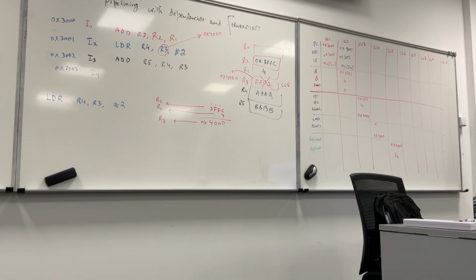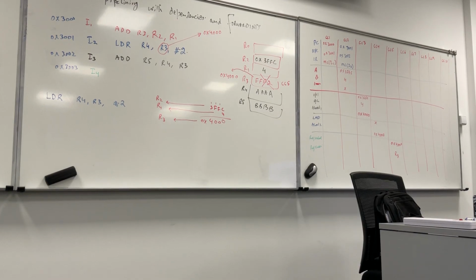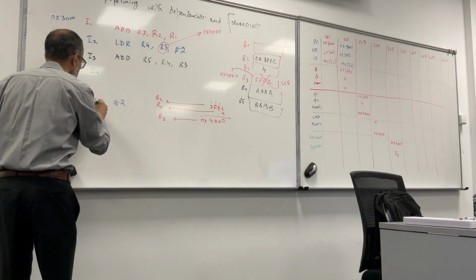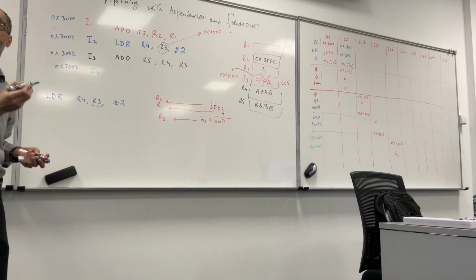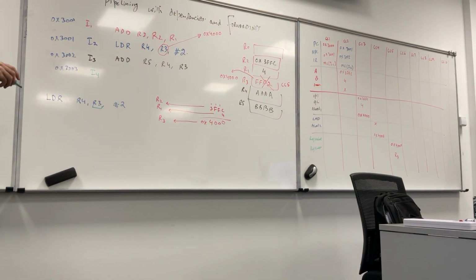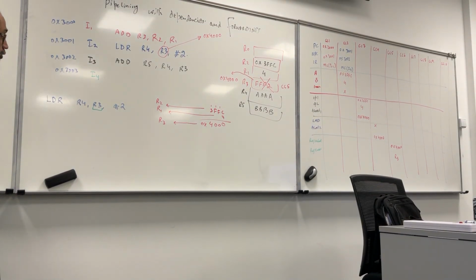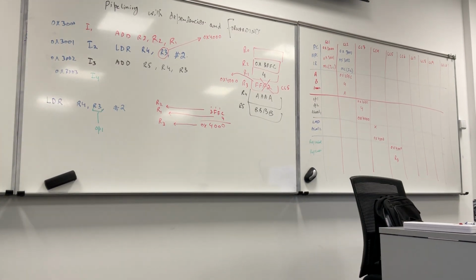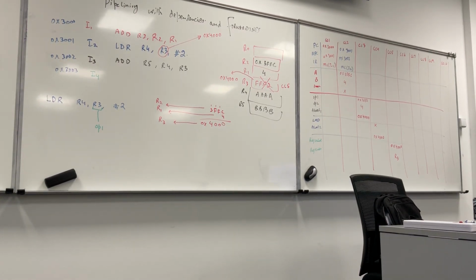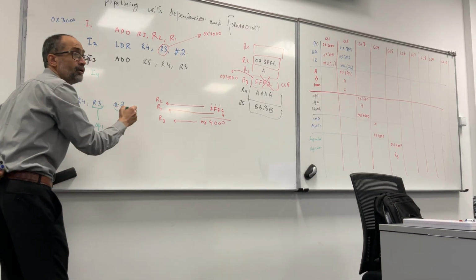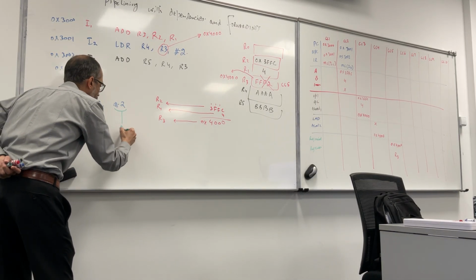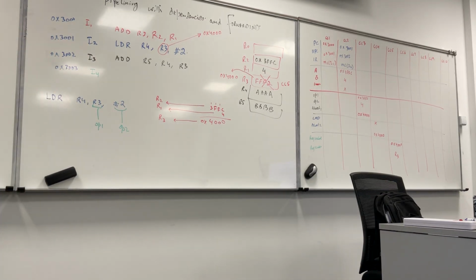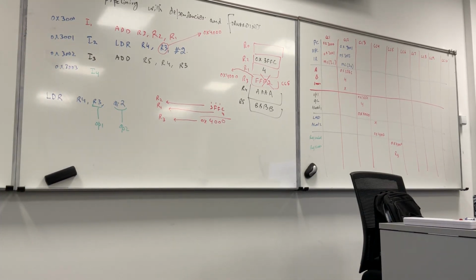In the absence of dependencies, this value R3 should go to op 1 in the next clock cycle, yes or no? And where should the immediate value go? Op 2, in the next clock cycle.